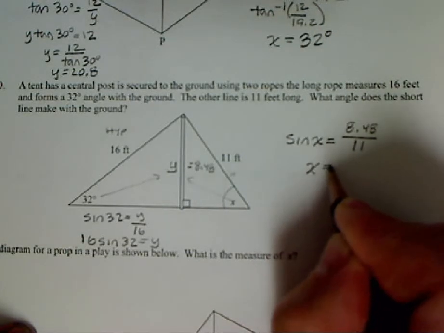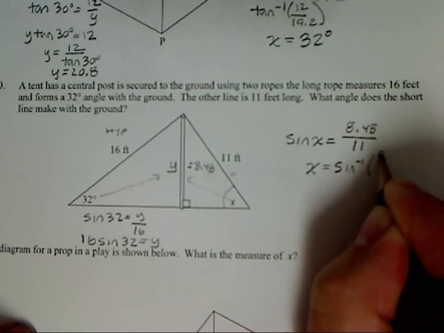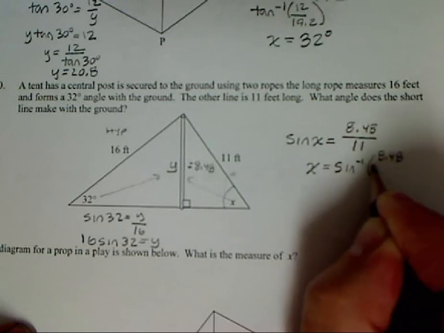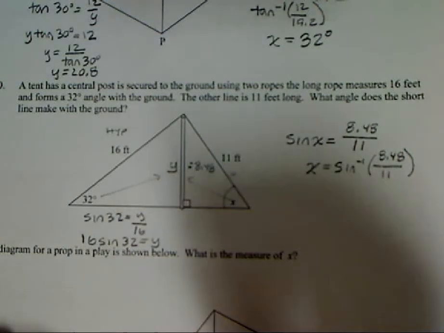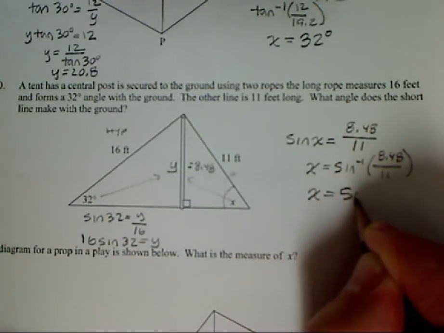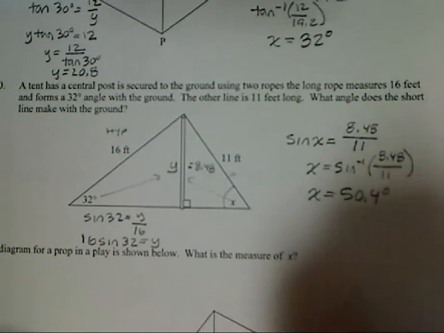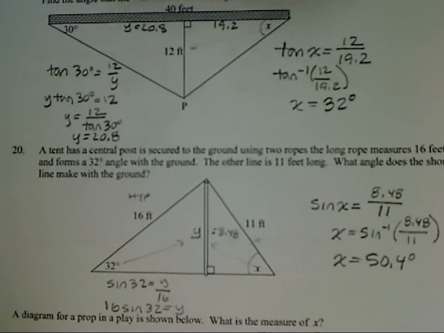Then x would be simply sine inverse of that division problem. So if I divide this by 11, do sine inverse, we get 50.4. So about 50.4 degrees.